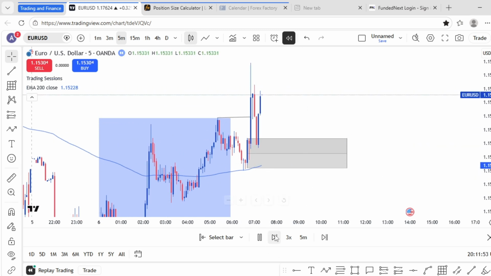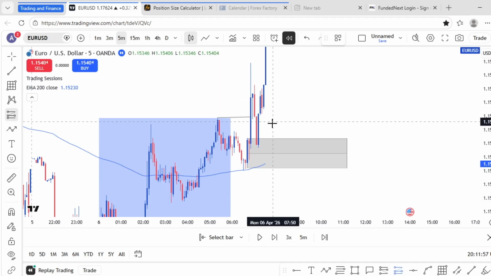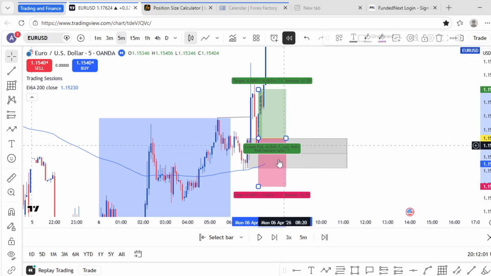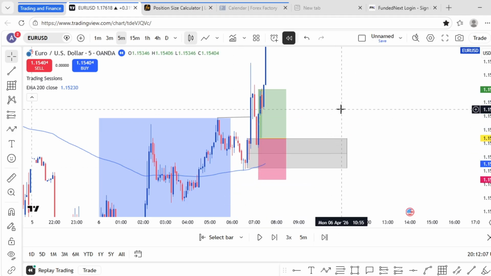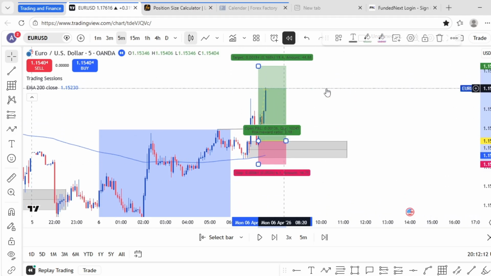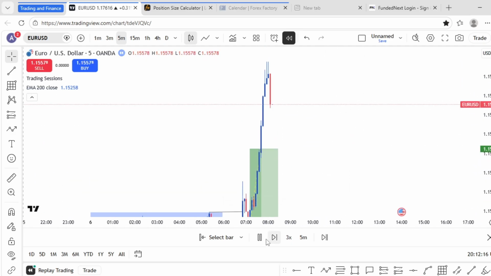Since we are above, you see that price comes back into the zone. So if we had entered here with our buy tool and put our stop loss below this block, and then targeted, let's say, 1:3 per trade, we have already hit take profit.